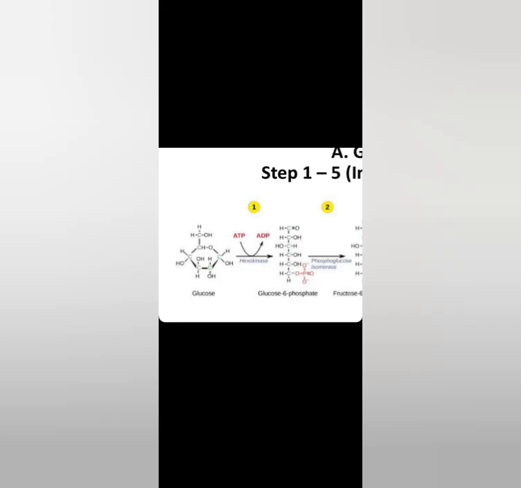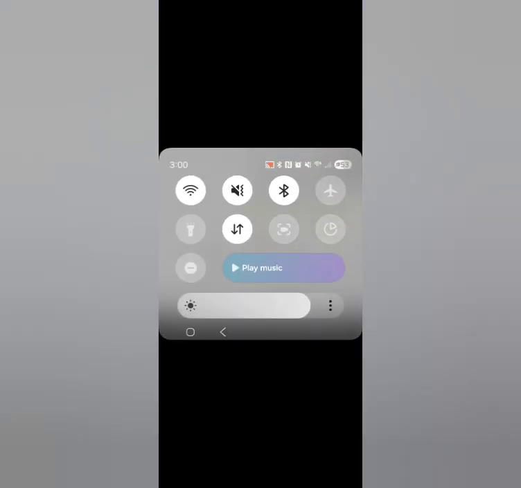Step 2 is catalyzed by an enzyme called an isomerase, which should remind you of the term isomer, which we discussed several weeks ago. Can anyone remind me what an isomer is? Yes, two molecules are isomers when they have the same atoms, but the way the atoms are organized is different.